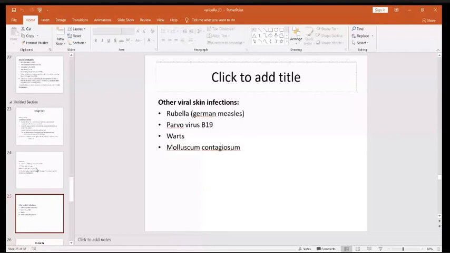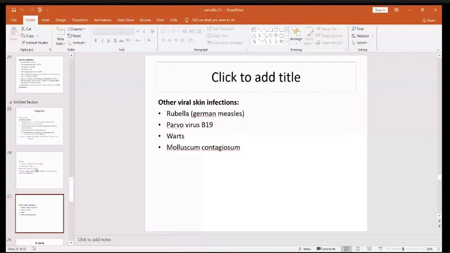Another is molluscum contagiosum and roseola. Rubella means German measles, and that is caused by a different group of virus. The family is Togavirus, a different virus from the measles virus, and it is again an RNA virus, enveloped, but the clinical feature is similar.